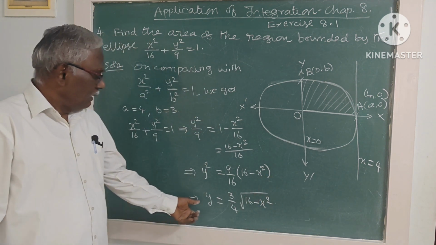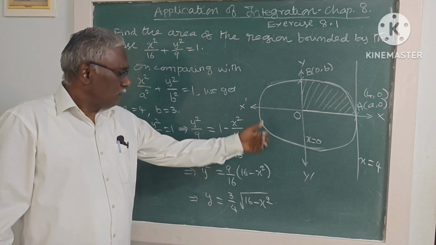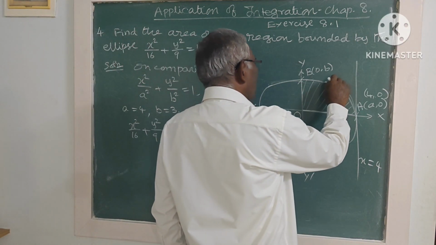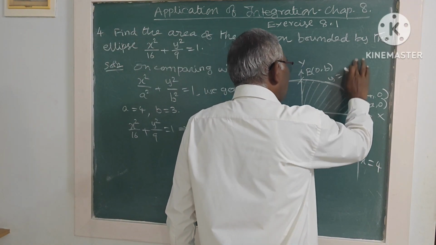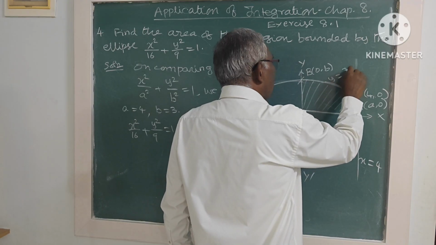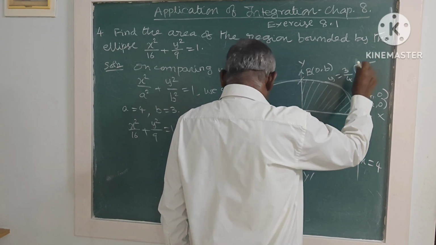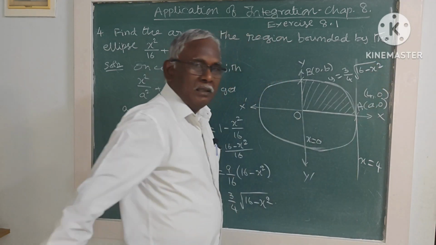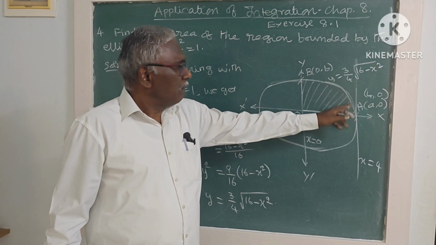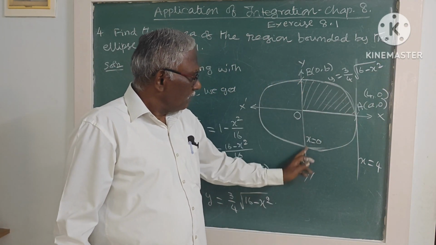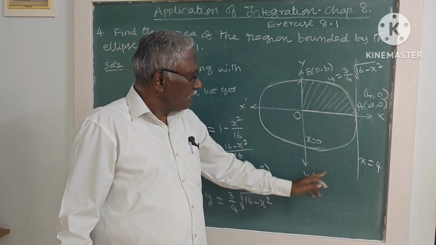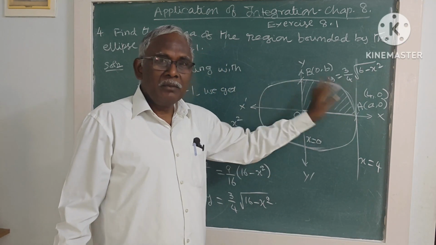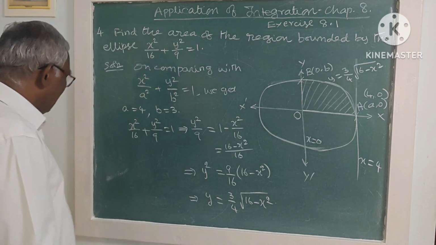So we have found the equation of the curve: y is equal to 3 by 4 square root of 16 minus x squared. So now we know the equation of this curve. The equation of this line is x is 0, the equation of this line is x is 4, and the x-axis. We can find the area of the shaded region.